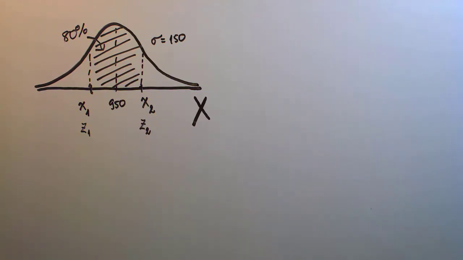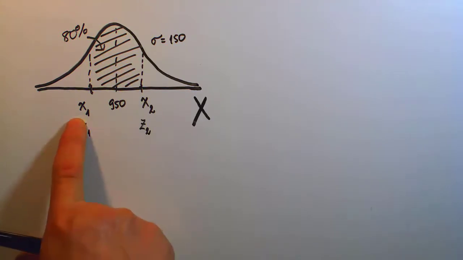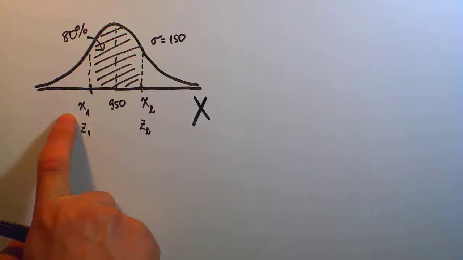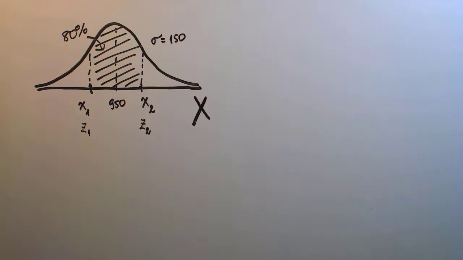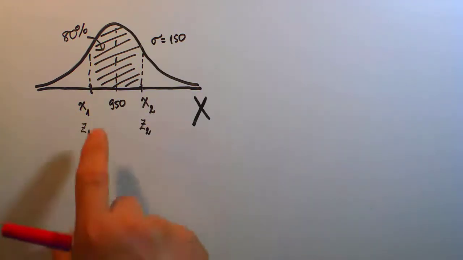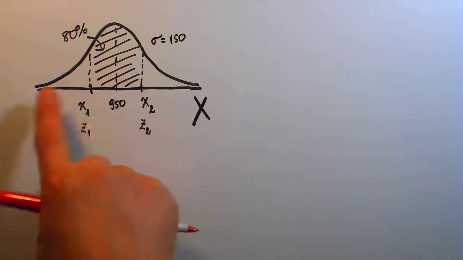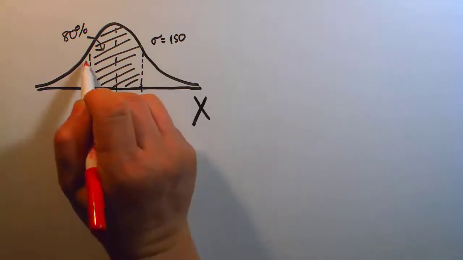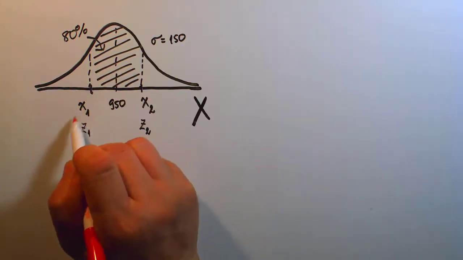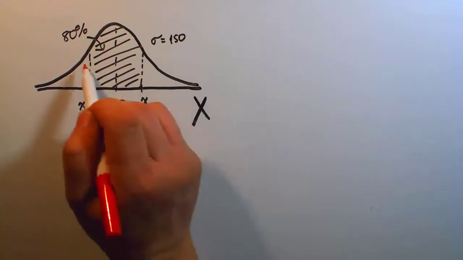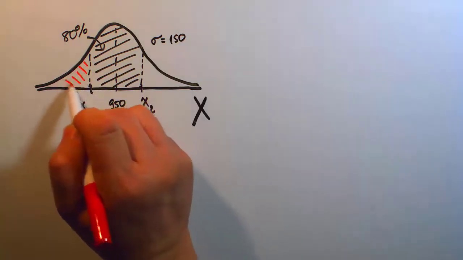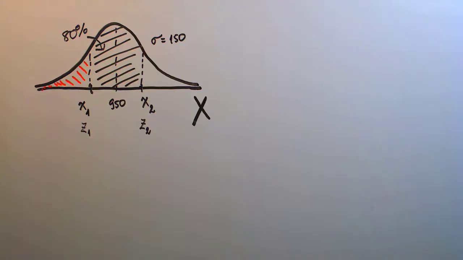In my own experience, I choose to start out with x1, since the area to the left is a little more direct to find. Also remind yourselves, after we learn about the standard normal distribution, any value on the bell curve has an area shaded to the left. And so this cutoff x1 that we're about to find has an area shaded to the left-hand side.